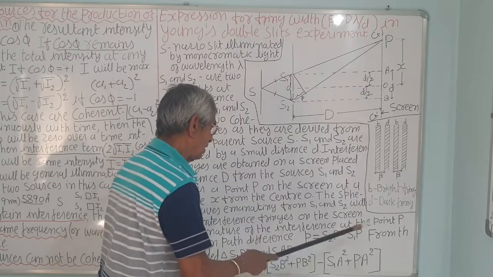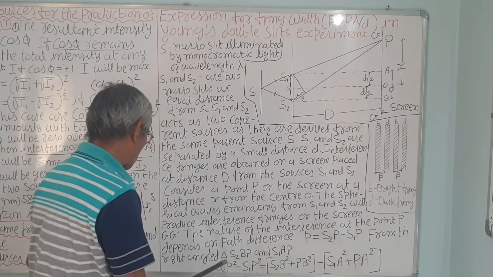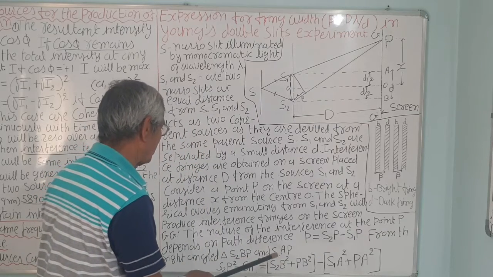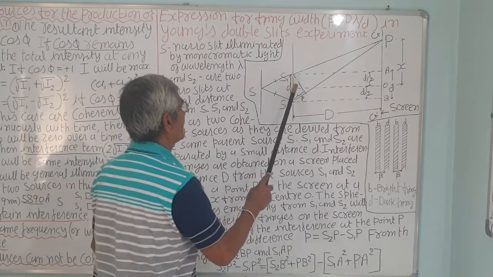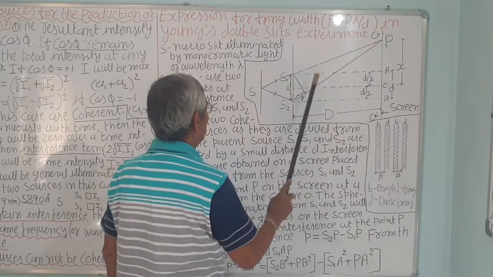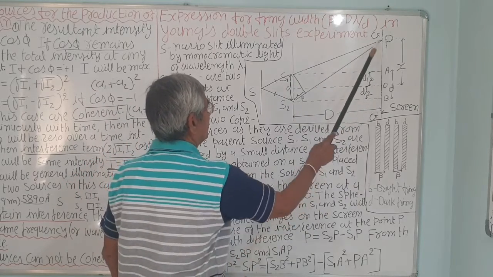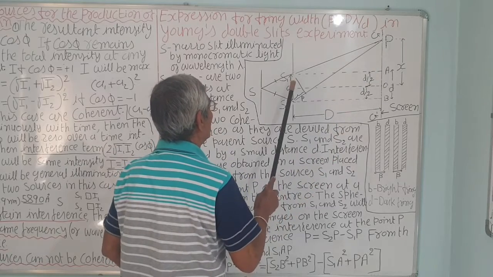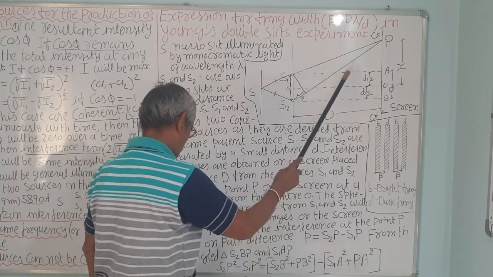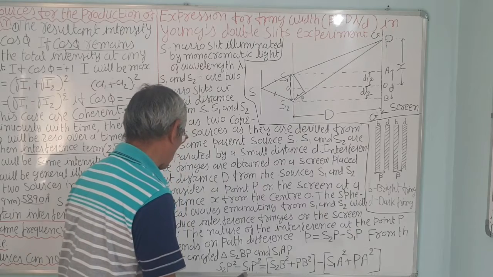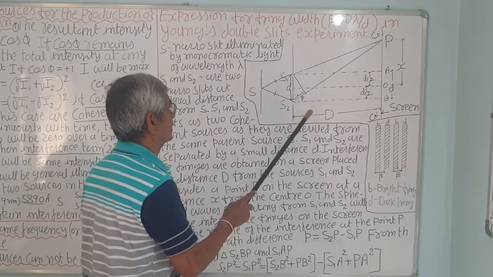From the right angle triangles S2BP and S1AP, these are two right angle triangles. Let us take the squares.